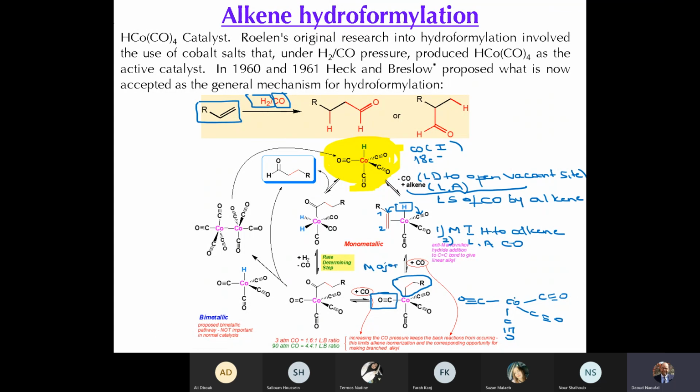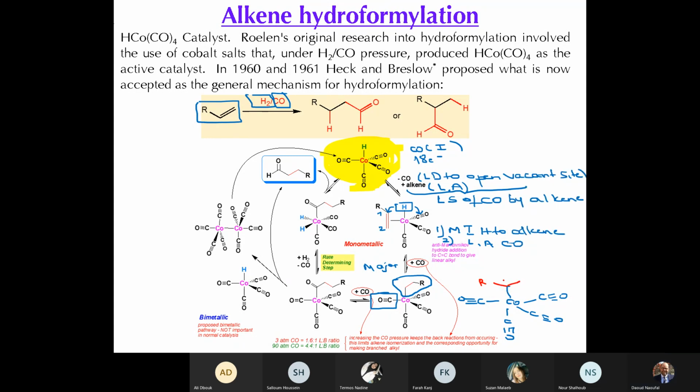But we have another possibility, that the hydrogen attacks carbon 2. If the hydrogen attacks carbon 2, the bond will be between carbon 1 and cobalt. So we obtain R, the hydrogen attacks carbon 2, and we obtain this structure.